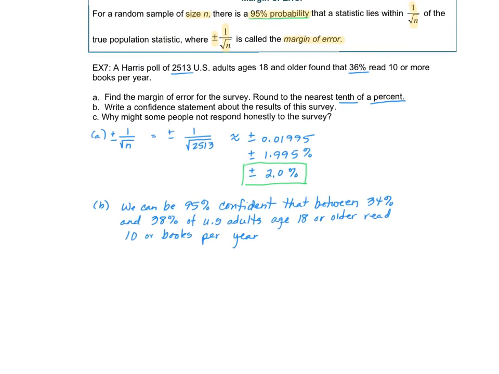So when my lab asks you for a confidence statement, it's always we can be 95% confident that between, and then you would just add and subtract your margin of error from your percent result.